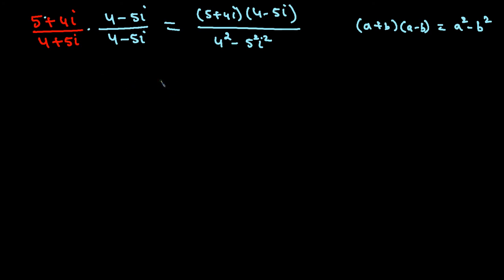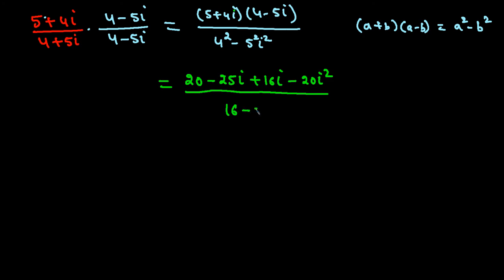Okay, this is going to be equal to 5 times 4 is 20. 5 times negative 5i is going to be negative 25 iota. 4 iota into 4 is going to be positive 16 iota. 4 iota times negative 5 iota is going to be minus 20 iota square, and in the denominator we got 16 minus 25 into negative 1, because iota square is negative 1.